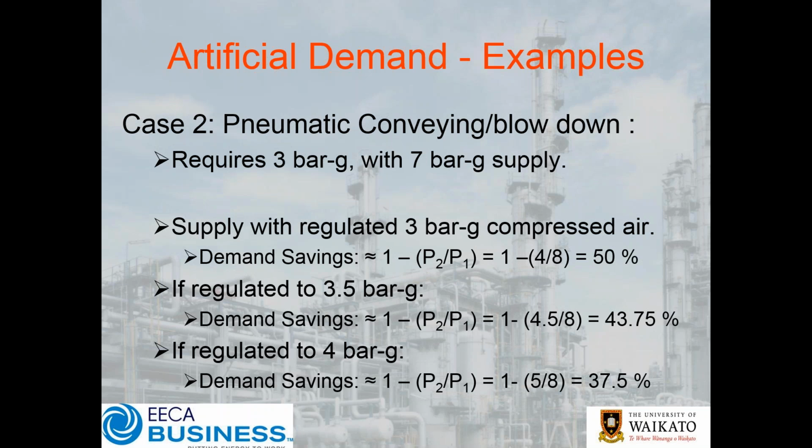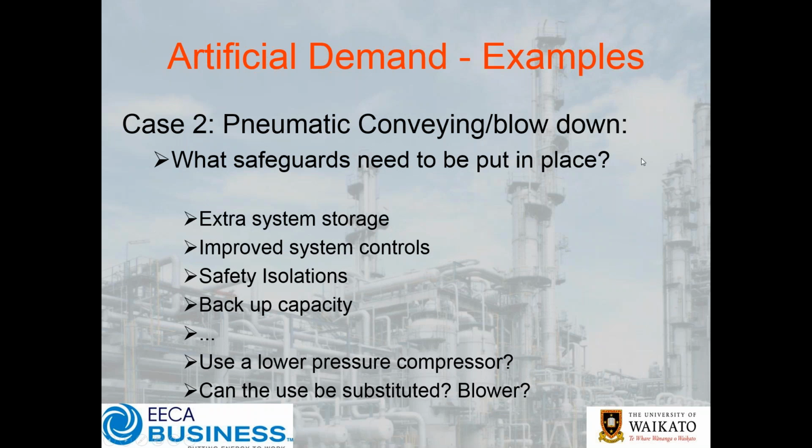Now if you regulate your air down to 3.5 or 4 bar respectively, you can have a 43 or 37% reduction in demand use. Now bear in mind that none of those figures include the power consumption reduction at the compressor if you're compressing the air to a lower pressure to begin with.